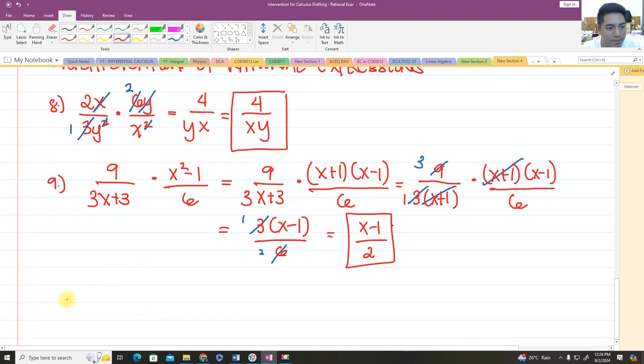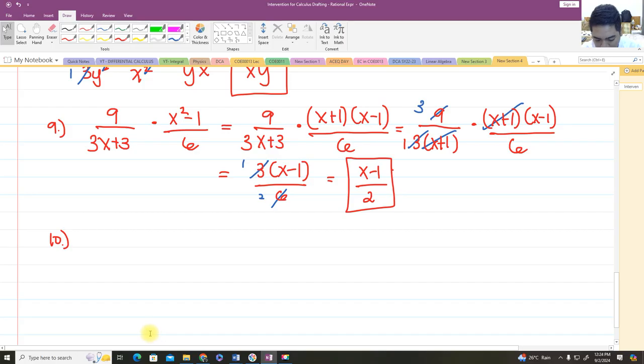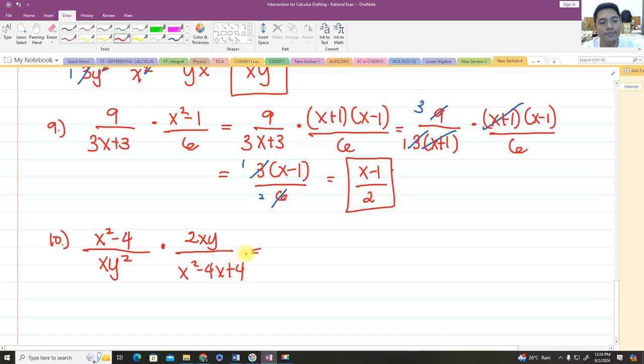For number 10, we have x squared minus 4 all over xy squared multiplied by 2xy all over x squared minus 4x plus 4.